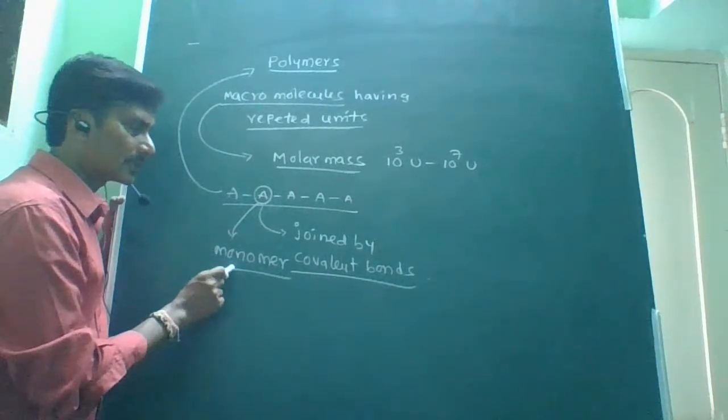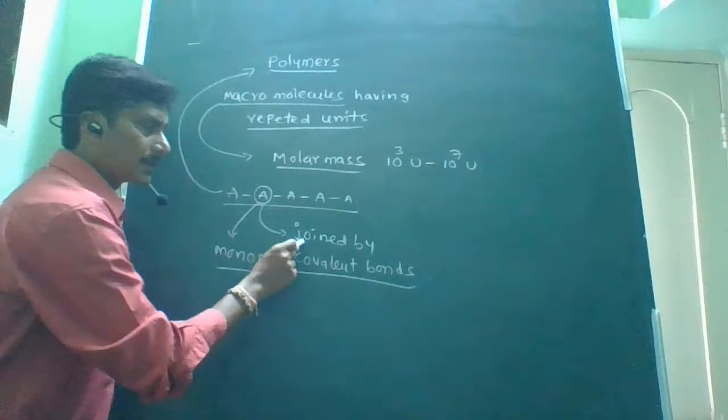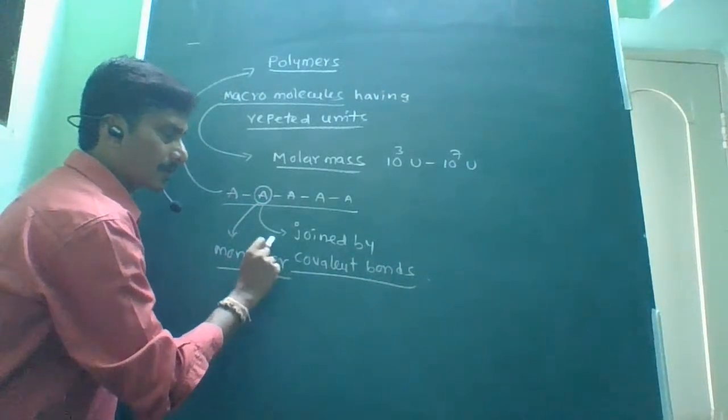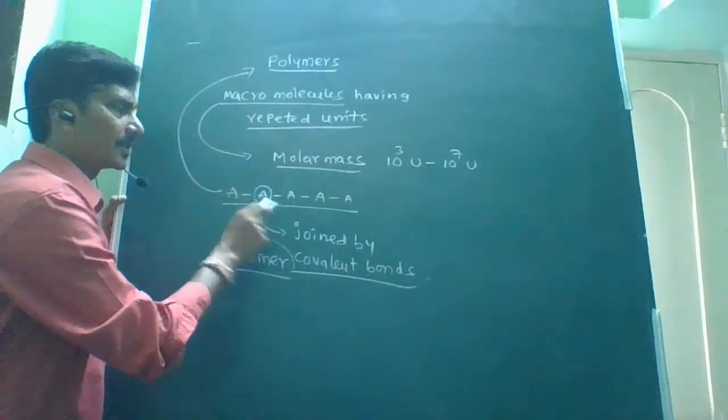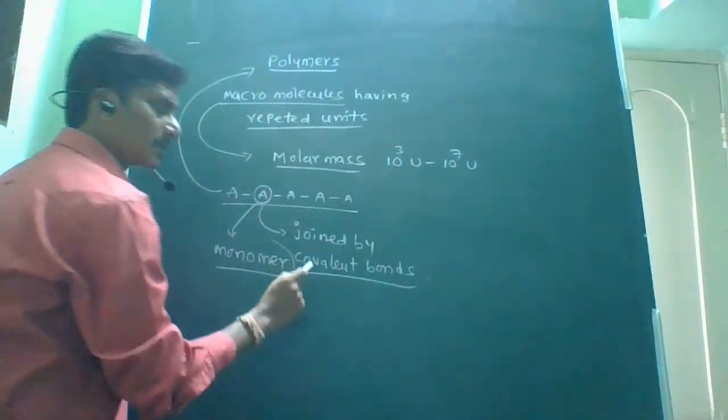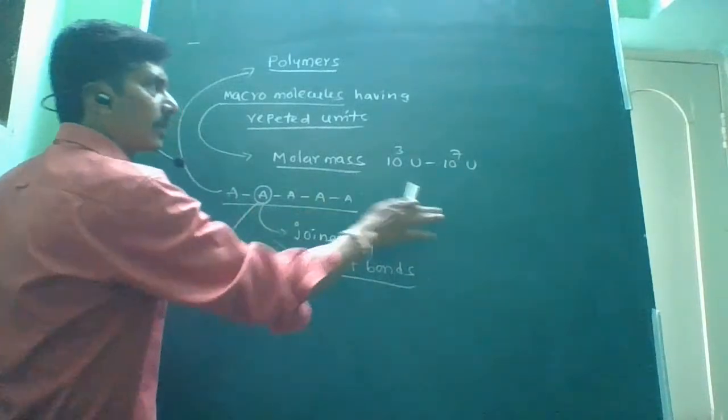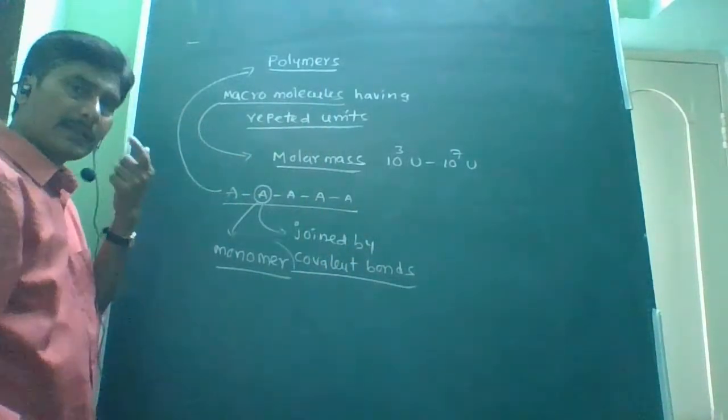That is, monomers joined by covalent bonds. These repeated units join together by covalent bonds to form a large molecule, which is called the polymer.